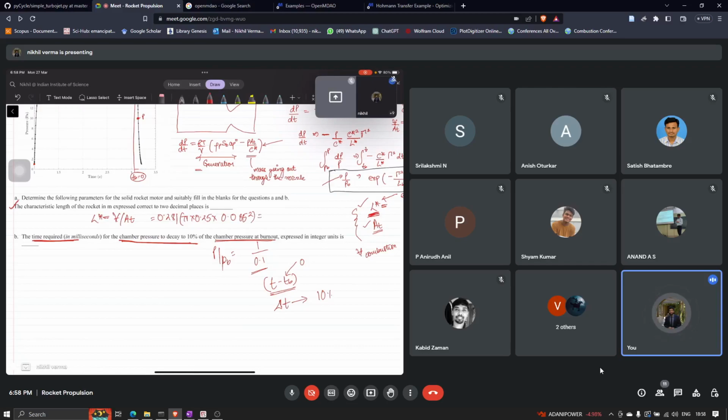If you calculate this, you will get the value as 49.3435 meters. I hope you are getting the same answer, right?